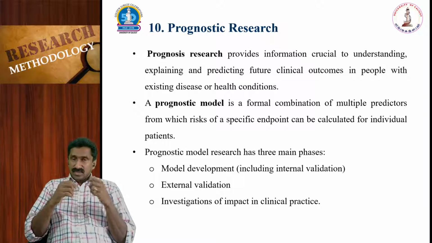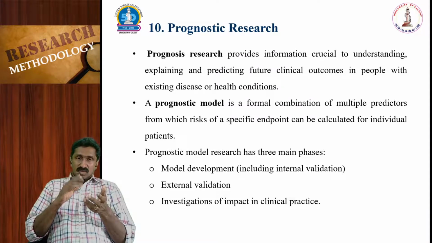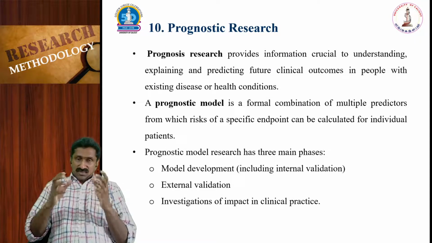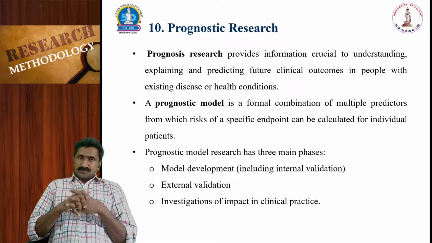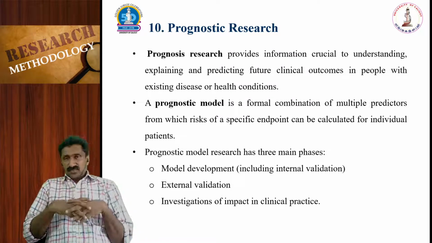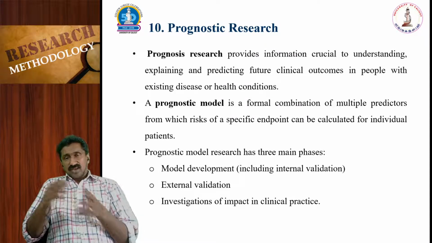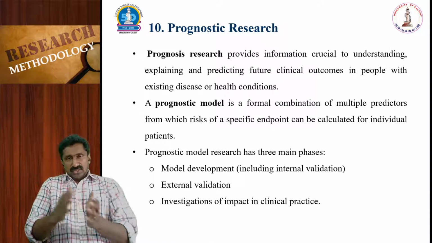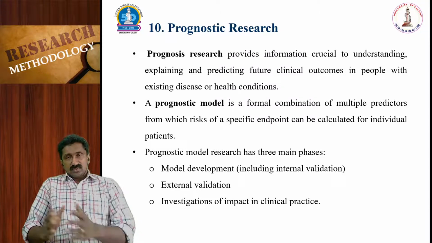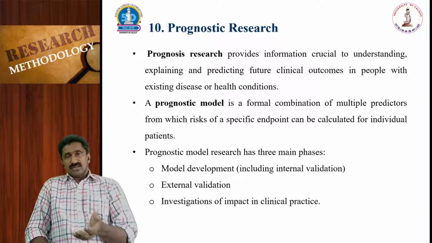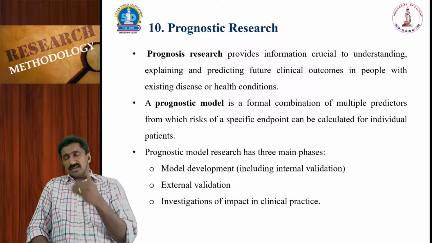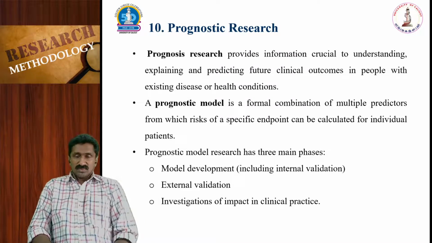Model development needs to be there, then external validation and investigation of the impact on clinical practice to prove that this is working. So you can develop a model, then validate the model, and finally see whether your interpretation of this model is working or not in clinical practice. That is also possible.